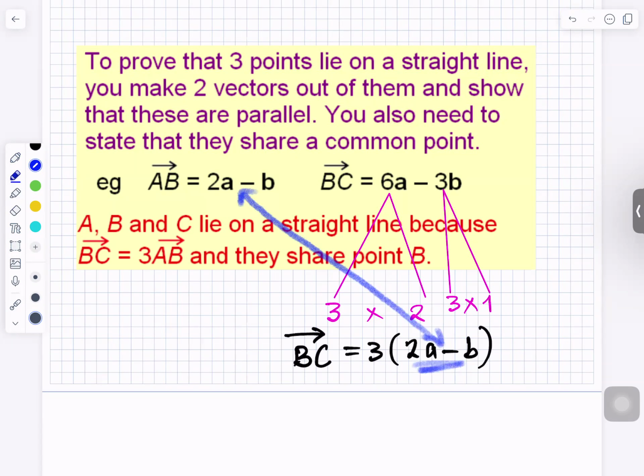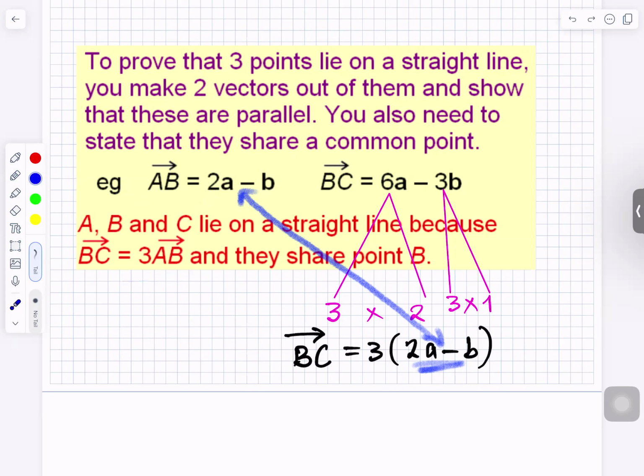So AB is 2A minus B and BC is 3 times 2A minus B. So that means BC is 3 times AB. So you conclude that A, B, and C lie on a straight line because BC is 3 times AB.